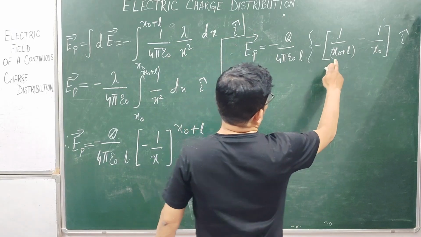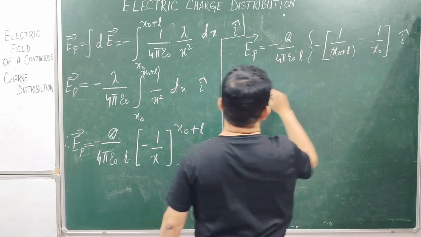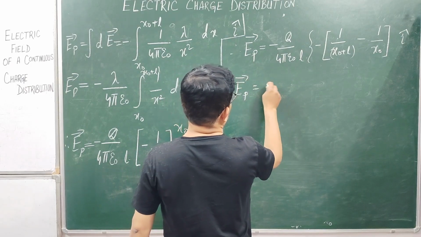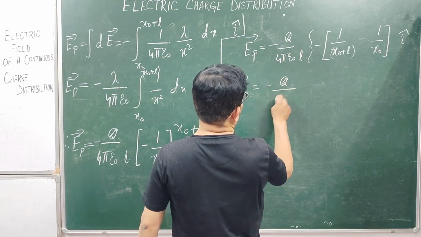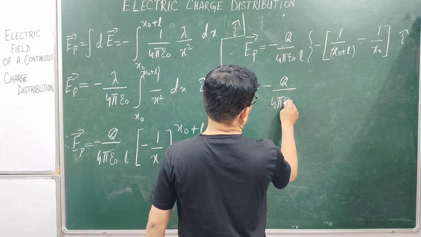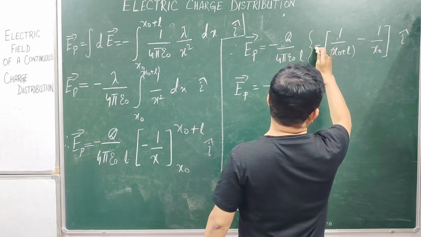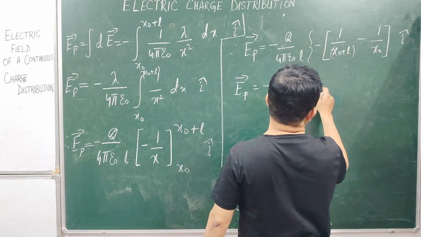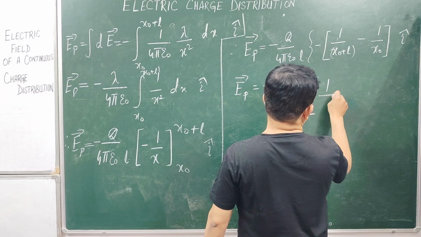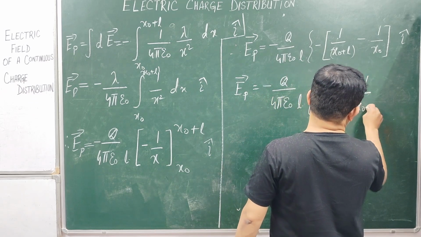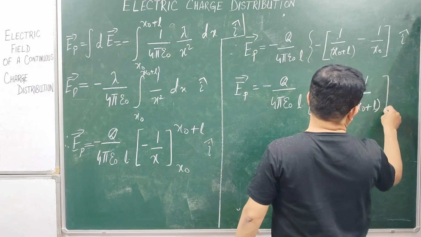I cap is showing you the direction, so this becomes a vector. All right, now you can take this in that way, so we will get EP is equal to minus Q by 4 pi epsilon naught L, and then you can just reverse and take the negative. If you open the bracket, you can write it in this way: 1 over x naught minus 1 by x naught plus L I cap.